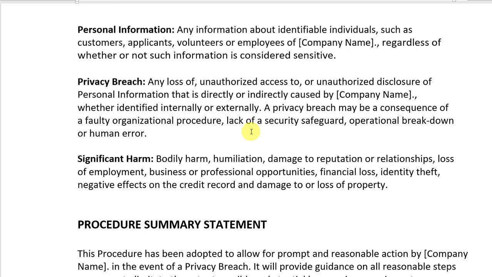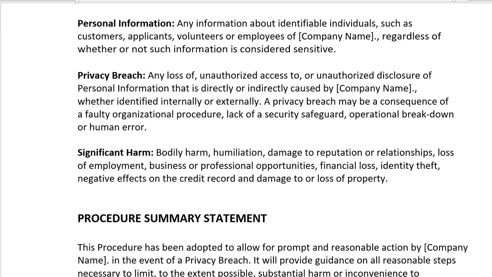Also, you need to know whether or not the breach of personal information is resulting in significant harm. By that, it means that there's potential for humiliation, damage to reputation, and negative effects on the credit record, or identity theft, for example.